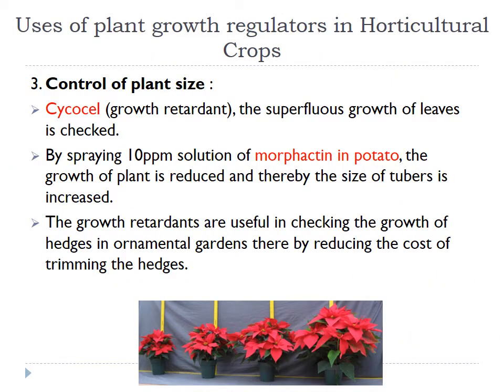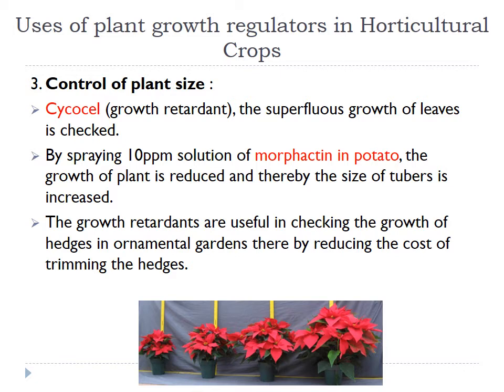Next is controlling size. We all know that plant growth retardants can be used to check the growth of plants. For example, Cycocel, which is a growth retardant, is commonly used to suppress the superfluous growth of leaves. By spraying 10 ppm of morphactin in potato, the growth of the plant can be reduced and therefore the size of tubers can be increased.